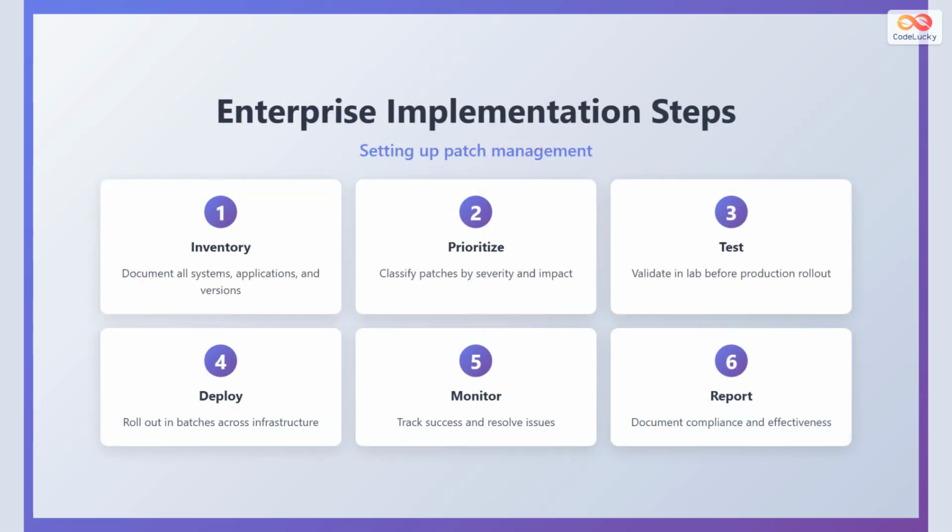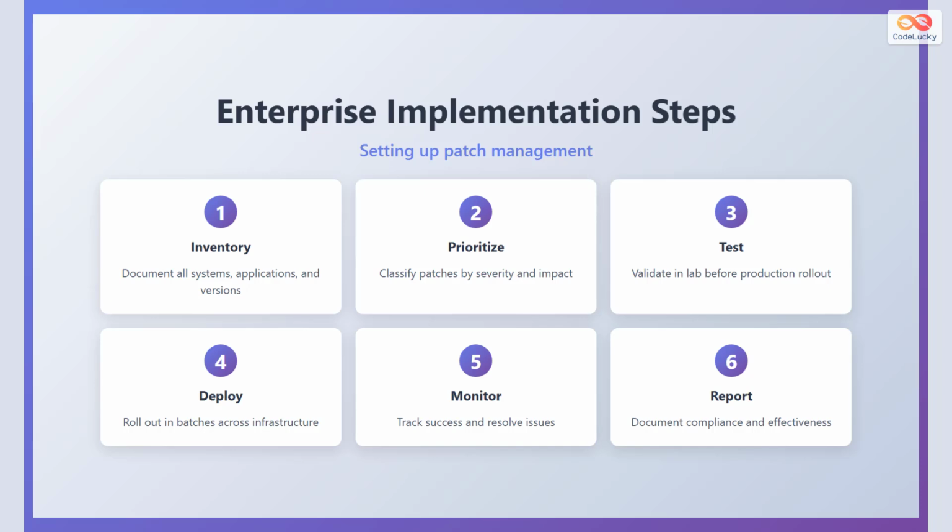Implementing enterprise patch management requires 6 key steps. First, inventory. Document all systems, applications, and their versions across your organization. Second, prioritize. Classify patches by severity and their business impact. Third, test. Validate patches in a lab environment before deployment to production. Fourth, deploy.